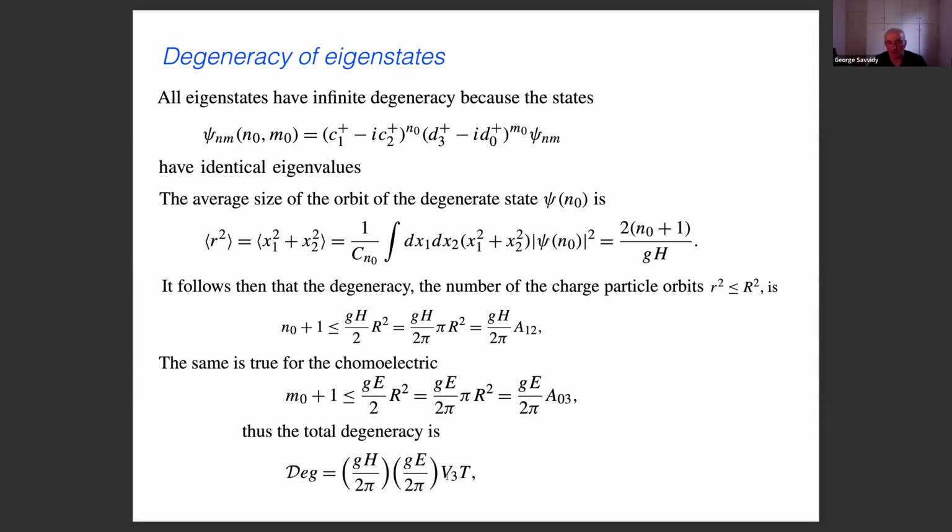It's not time, but just a four-dimensional volume. Okay, that formula is very important because it tells that all these energy levels have degeneracy, and we know how much it is.